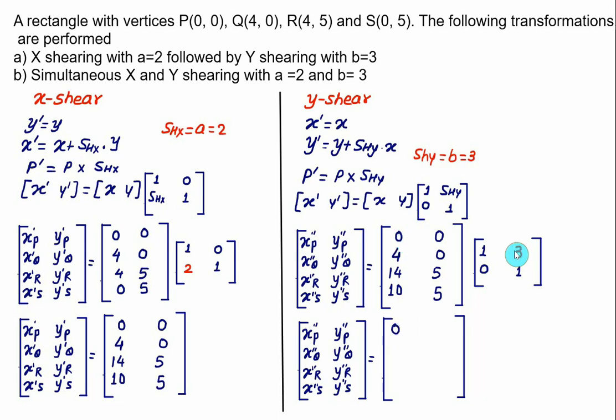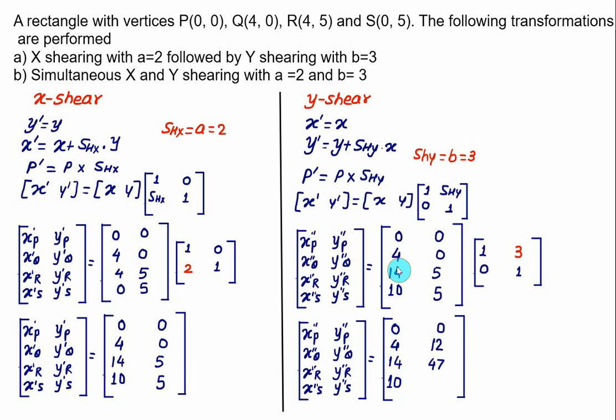Then we have 0 into 3 and 0 into 1 again equal to 0. 4 into 1 is 4, 0 into 0, so we get 4 as the answer. 4 into 3 is 12, plus we have 0, so we have 4 12. 14 into 1 plus 5 into 0 is same as 14. 14 into 3 is 42 plus 5, that equal to 47. 10 into 1 is 10 plus 5 into 0, that equal to 10.